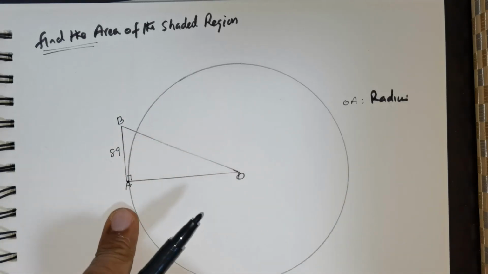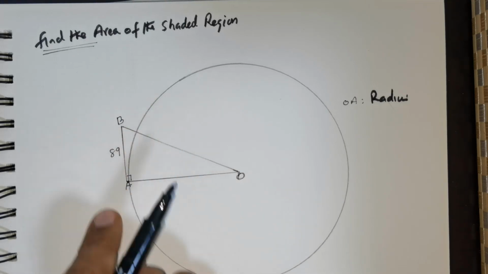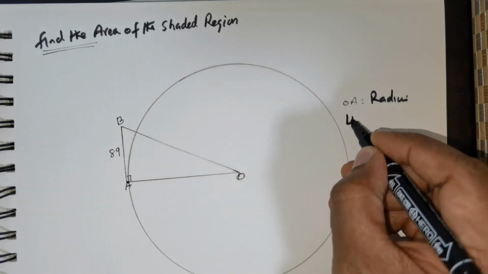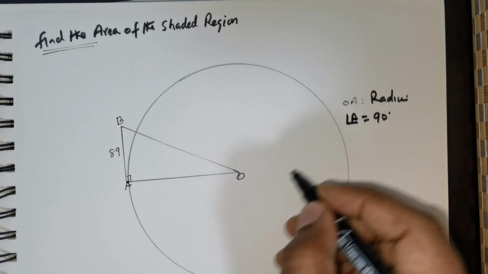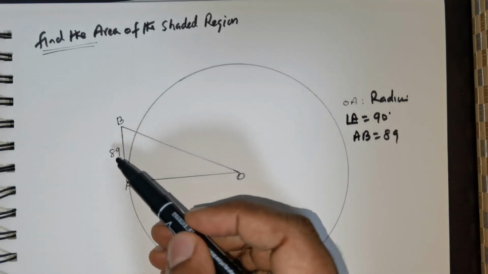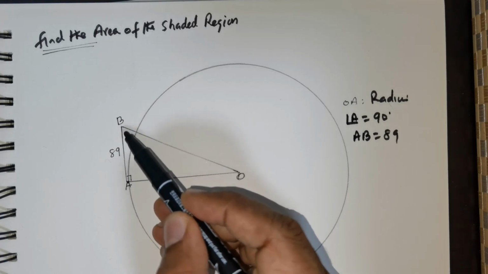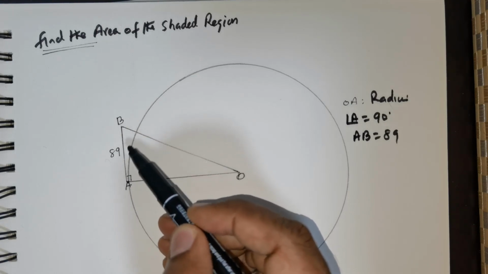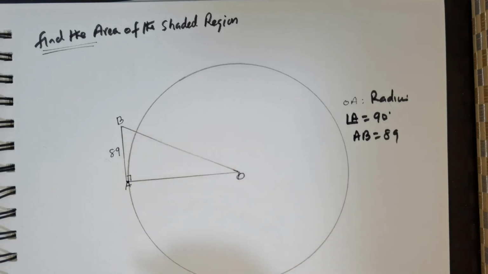We got this triangle OAB, and angle A is given to be 90 degrees and AB is given to be 89. We are expected to find the area of this region. This shaded region is required.